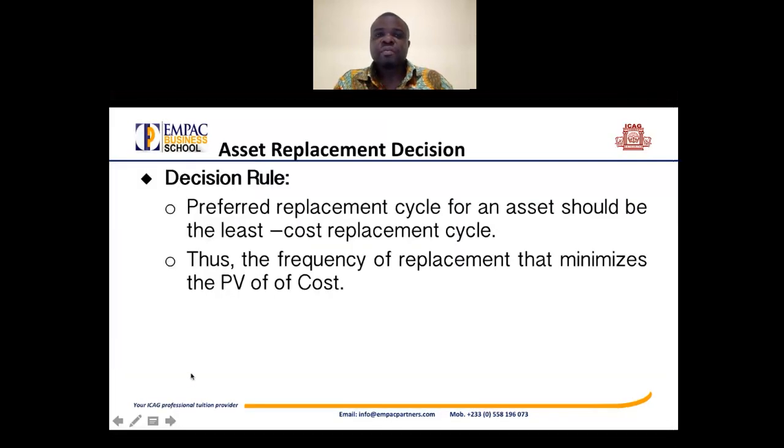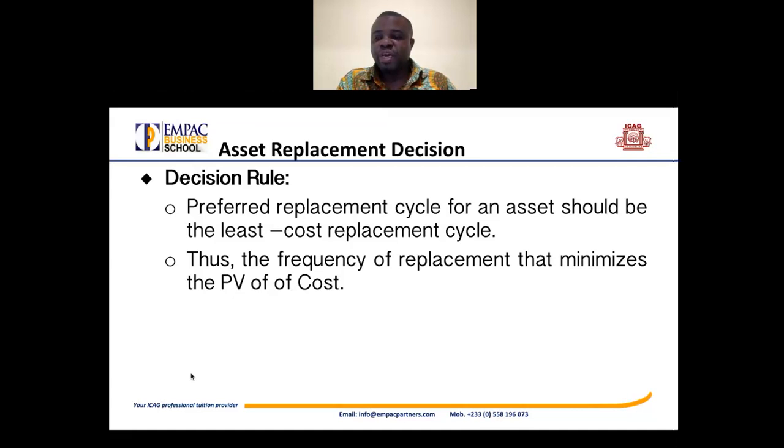All right. So the basic rule under asset replacement decision is that companies will usually prefer replacing an asset at a cycle that has the least cost of replacement.